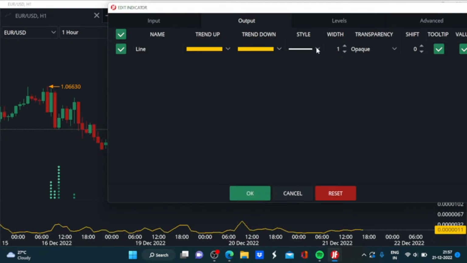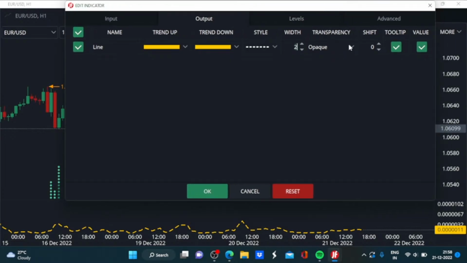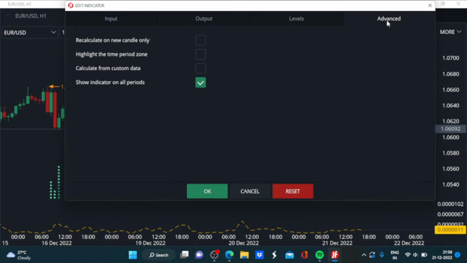So these options are there for you. You can go for different types of styling combination. Width can be increased or decreased. Transparency, if you don't want the plotting of the indicator to look too prominent on the chart, you can do that as well. You can lower the transparency factor.